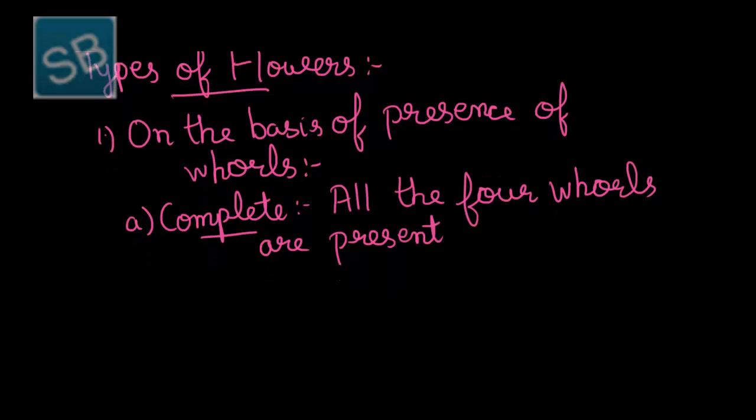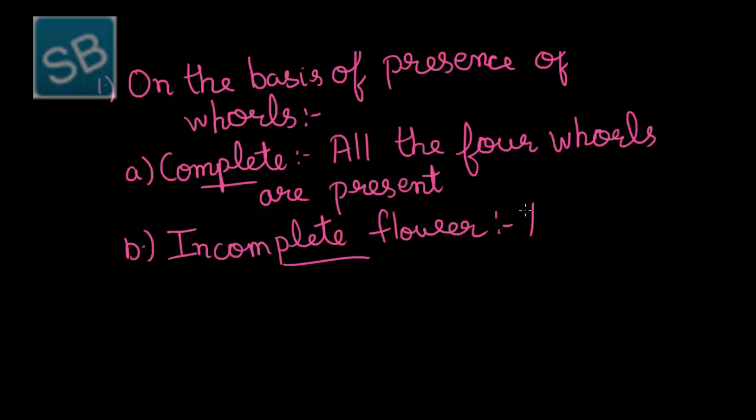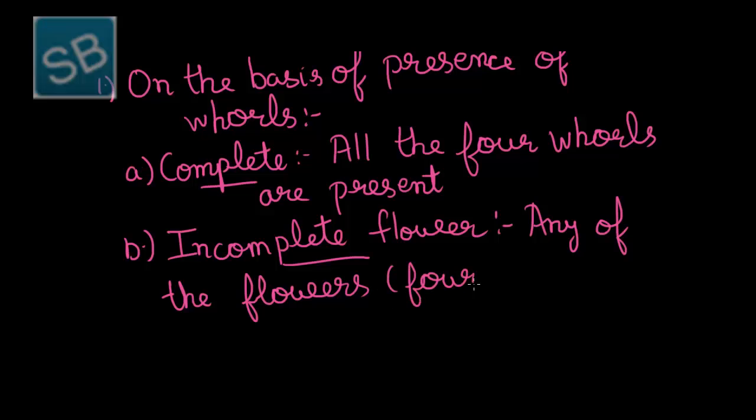On the contrary, the second type, that is incomplete flower, in this type, any of the four whorls, that is either calyx, corolla, androecium or gynoecium, are absent, then such a type is known as incomplete flower.